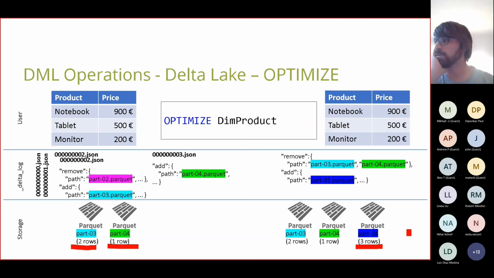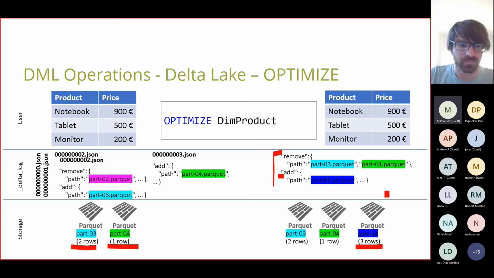And as soon as the optimize is done, this entry is written to your Delta log, removing the old files and adding the new file. And every future query after the optimize will just read the new file. I see. Thank you. So it's not blocking your processing. Okay. Thank you.